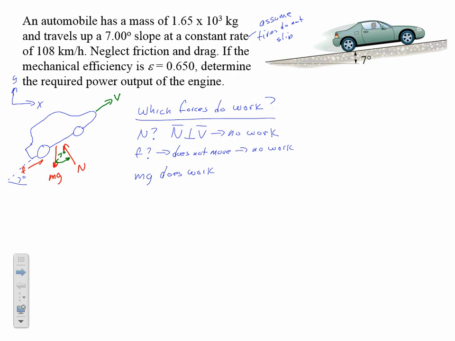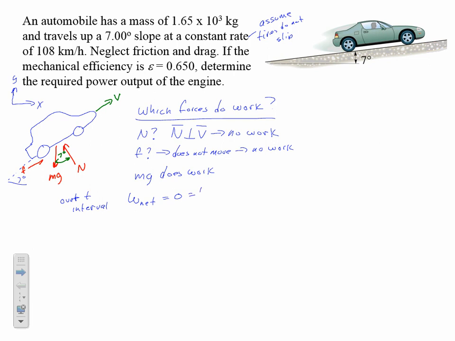So between any two points in time, the net work on the car is going to be 0, because its velocity is not changing, so its kinetic energy is not changing. So we can say that the net work on the car over some time interval t has to be 0 because the velocity is constant.